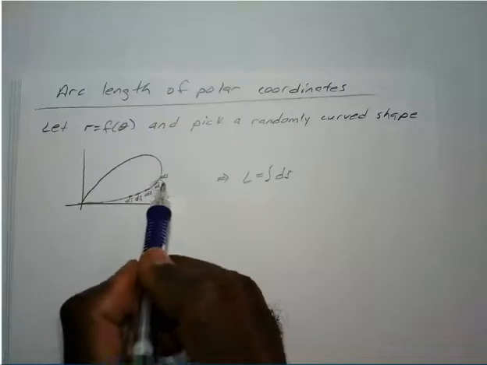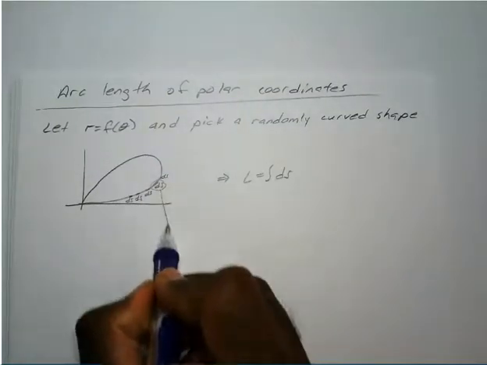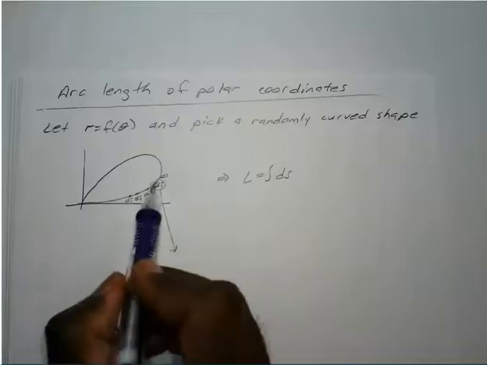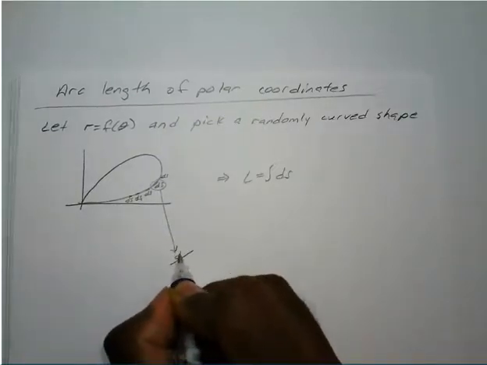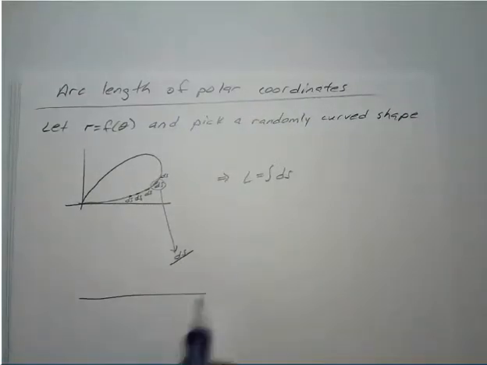Let's say we pick that one and we zoom in almost infinitely tight. If you zoom in close enough, even on a curve, that ds will look like a straight line.